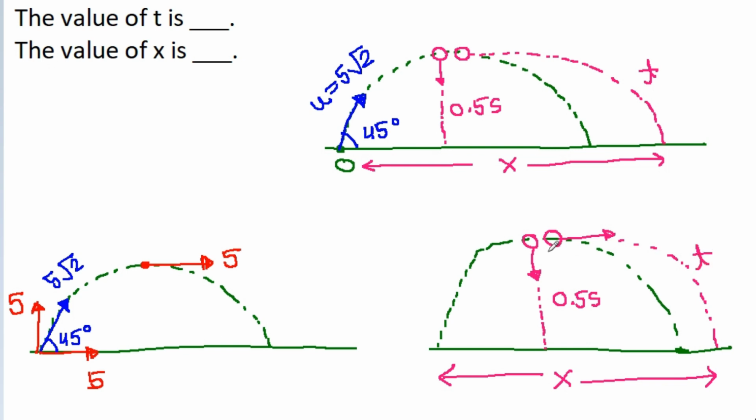So the speed of second particle in x direction must be 10 because the momentum should be conserved: mass into velocity, m times 5, should be equal to m by 2 times the velocity in x direction of first particle, which is 0, plus m by 2 into v. So we get v is equal to 10 meter per second in x direction.